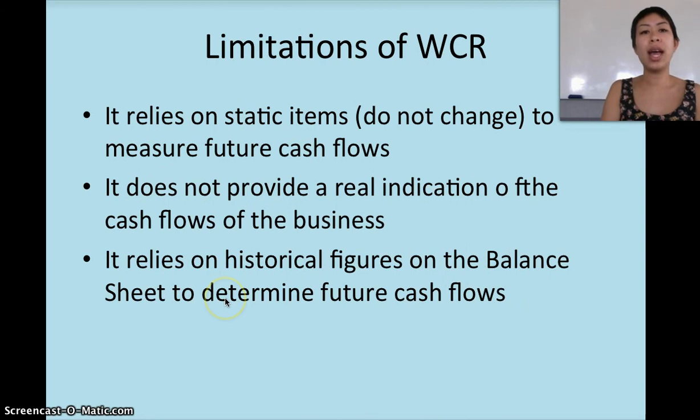Now, using the working capital ratio, we have to realise there are limitations, or problems, with the working capital ratio. First, it relies on static items. These items don't change to measure future cash flows. For example, we're looking at the debtors they have on hand, the bank balance they have on hand, the stock they have on hand.